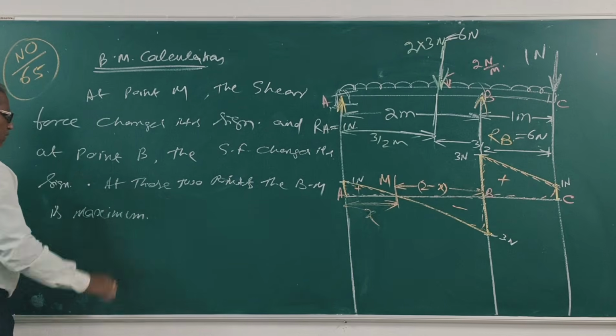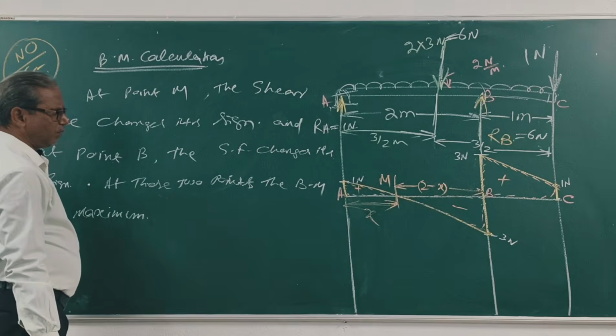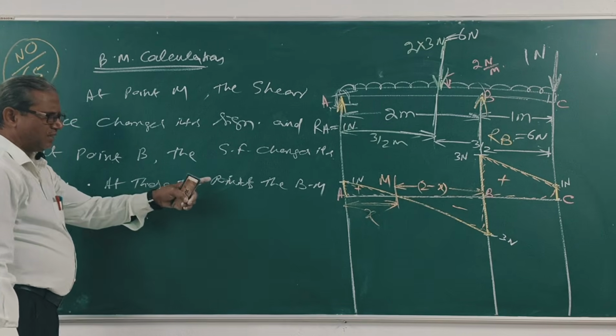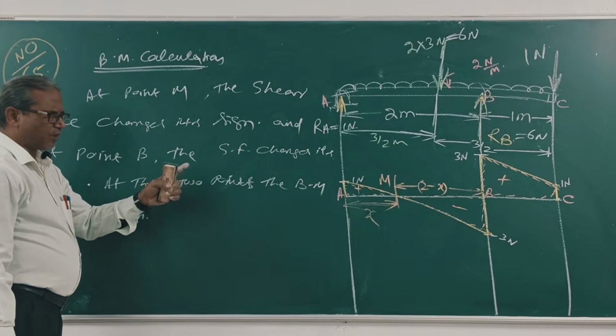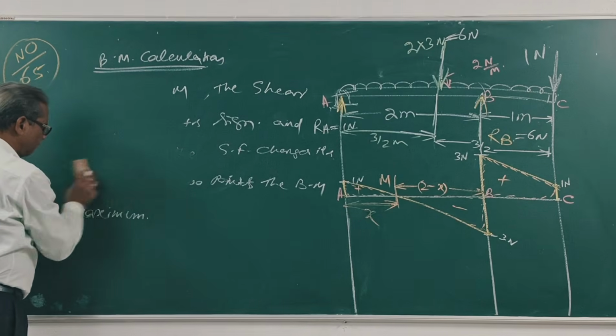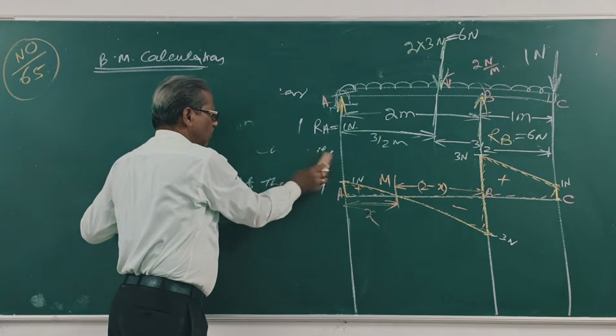BM is maximum. Clear? First find out the point M, where the point M lies. The point M lies distance x from A. Clear? First find out what is the value of x.